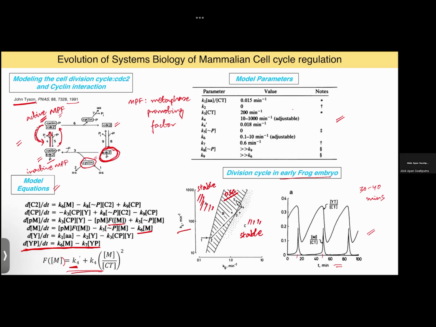Tyson was one of the very first people, rather the founding fathers of mathematical models in biology. Even the experimental guys who had discovered these cyclins and these proteins did not believe his model. They said, okay, you might have gotten the time period, but we don't believe that the model works. You cannot use such mathematics to explain such a complex biological system.